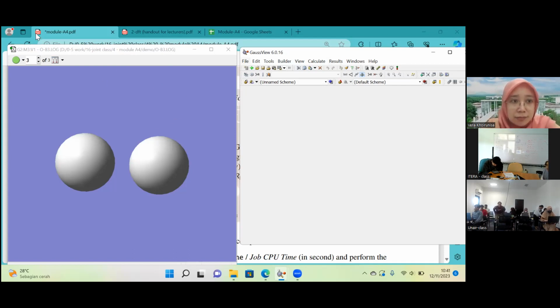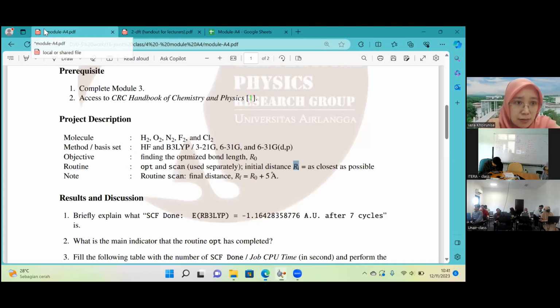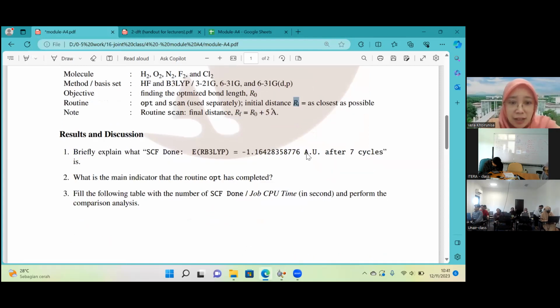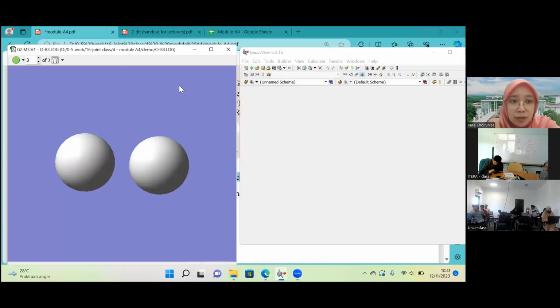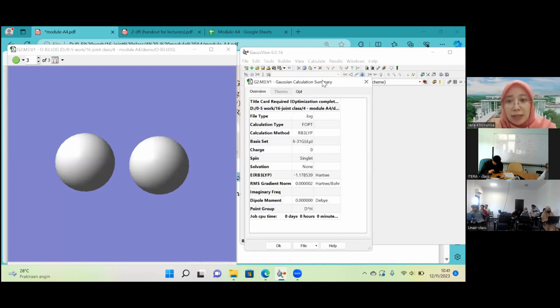Now, from the optimization calculation, you need to explain the SCF done here, and then you have to make a list. What is the main indicator that the routine optimization has completed? So here we can see from the result and then summary.